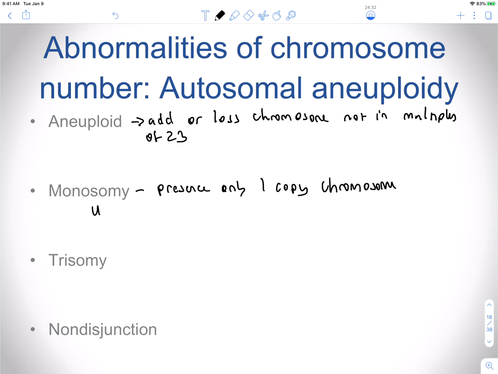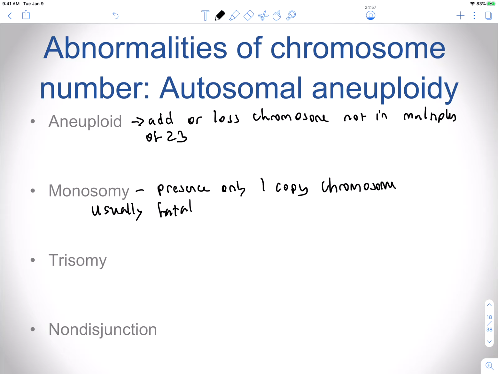And this is usually fatal. This makes sense because oftentimes you need both chromosomes for certain genes, and if you lose a chromosome, you're haploinsufficient, meaning you only have one copy of that gene, and it cannot compensate for the loss of the other copy of that gene. So when you lose a whole chromosome, you increase the chance of haploinsufficiency, of course.